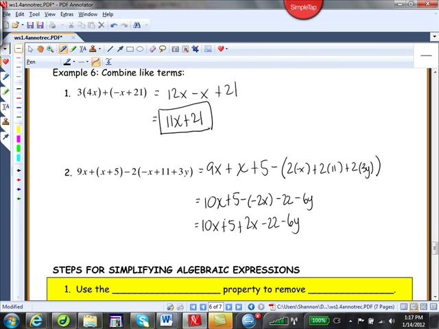Now notice that the 10x and the 2x are like terms, and the 5 and the negative 22 are like terms. So we'll get 12x's plus, whoops, that'll be a minus 17, and then we'll have a minus 6y.